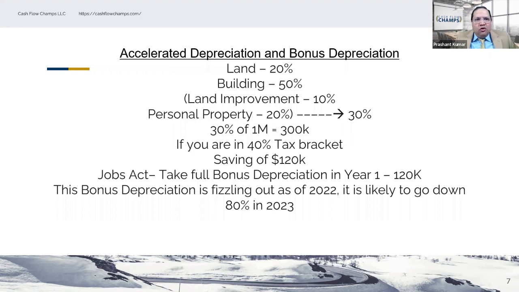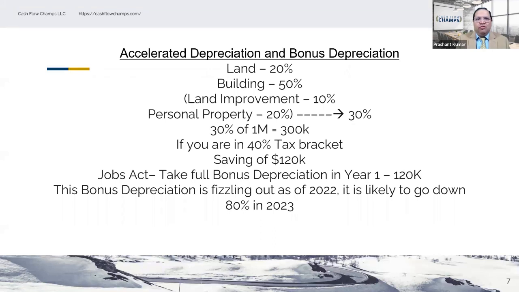But as we go into accelerated depreciation or bonus depreciation, in the same example, if you have a $1 million property, you have land valuation, we allocate about 20%. But for the building, 10% could be your land improvement, and 20% could be your personal property.